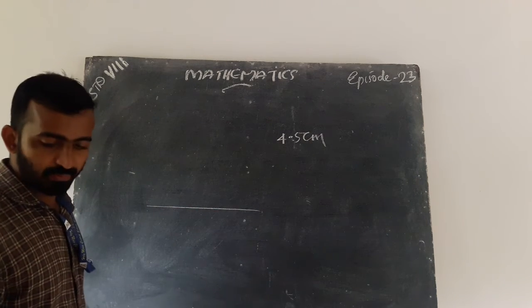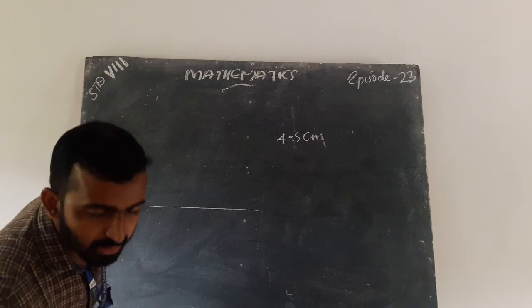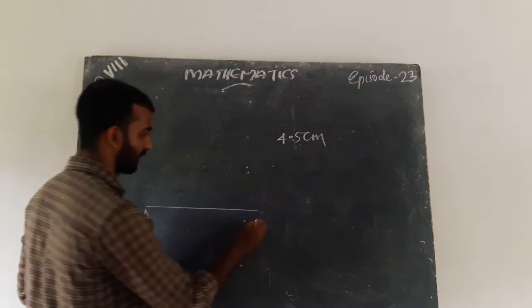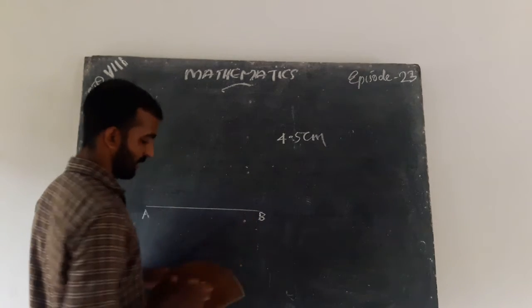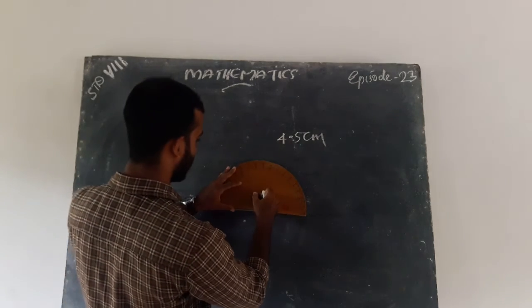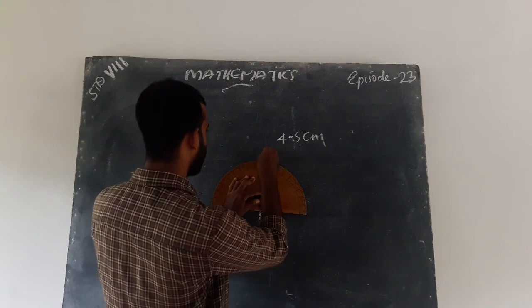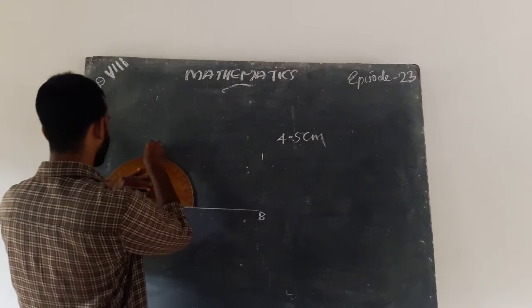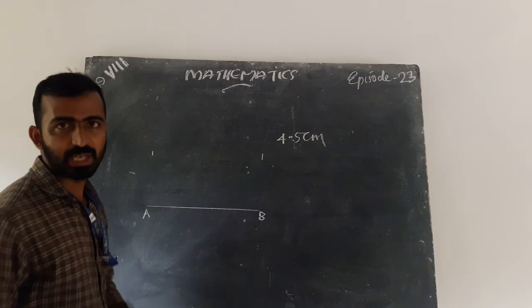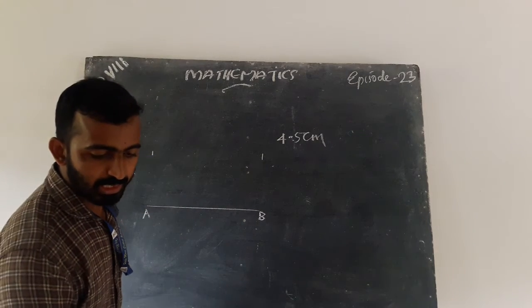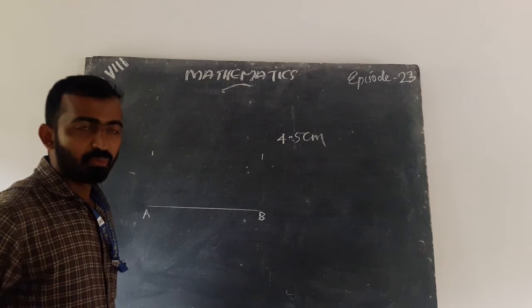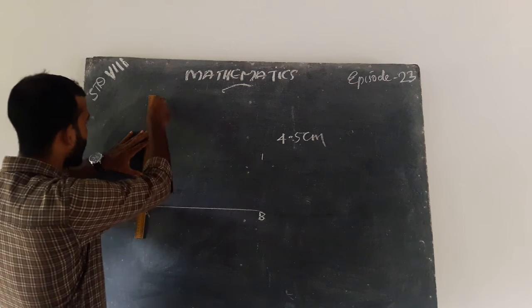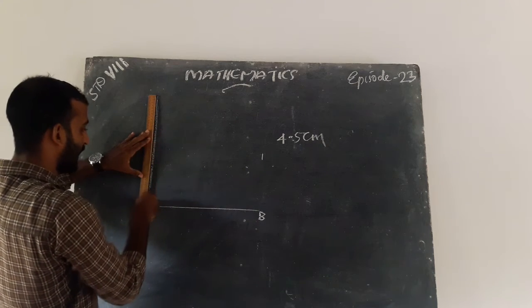And next we mark 90 degrees at the endpoints. Here we find 90 degrees, and here also we mark the 90 degrees. And we draw a long straight line through that angle.